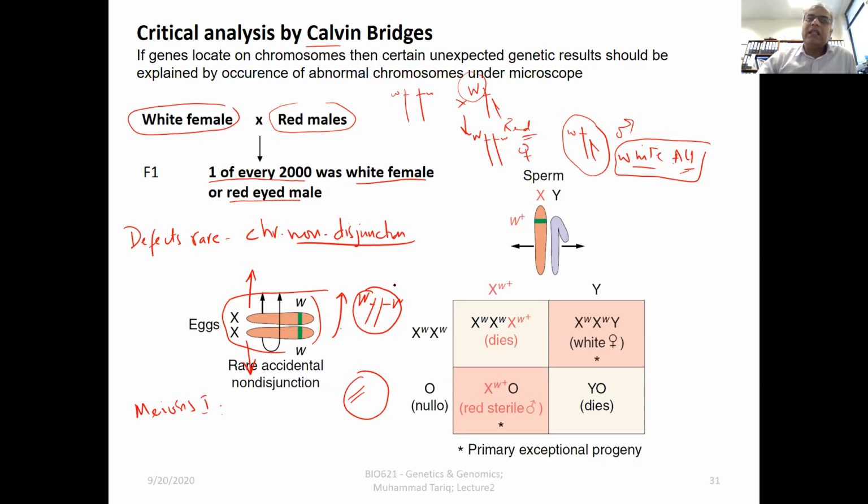And then this goes to second meiosis, and the gametes we have now after second meiosis are this and this.